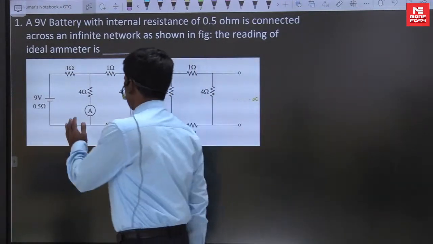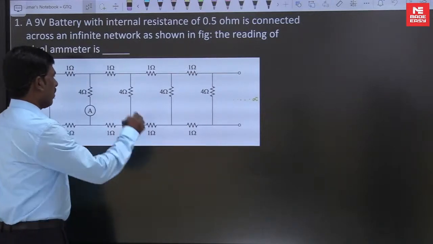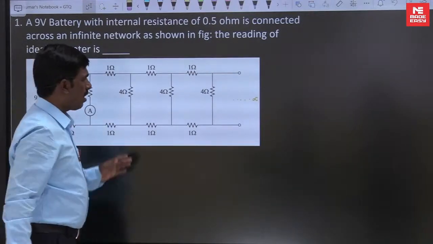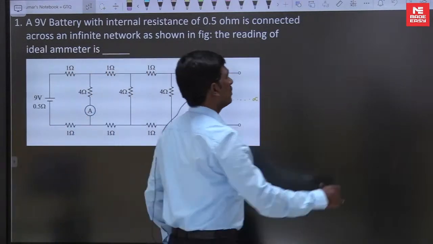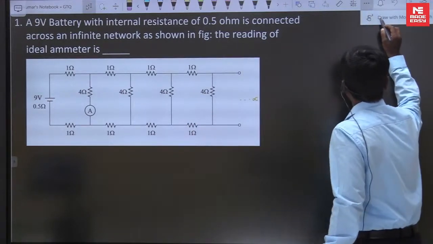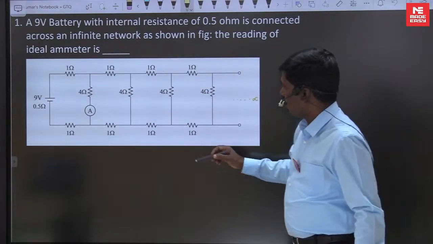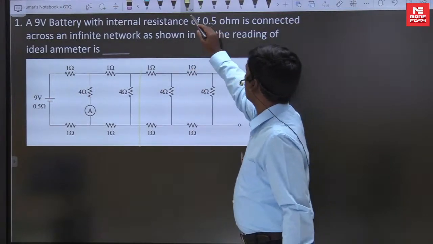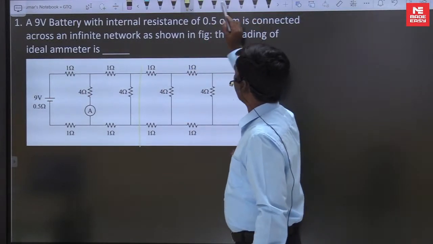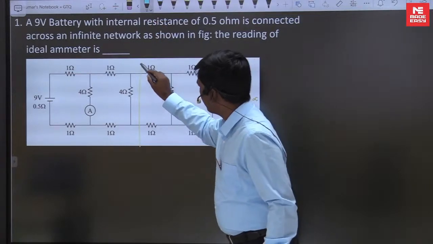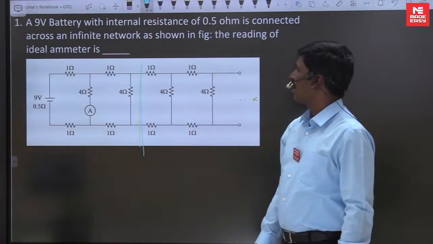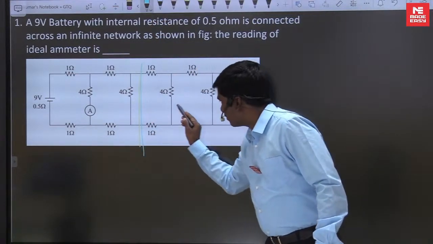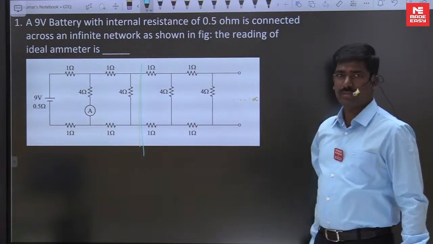Here, up to now the circuit is 1 ohm, 4 ohm, 4 ohms, repeating up to infinite times. From here it is repeating up to infinite times.